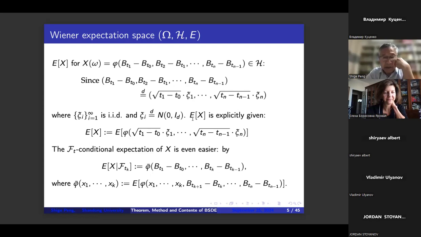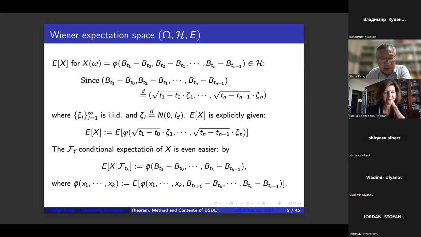In this case, of course, the value of the expectation of X is explicitly given, and we just need the calculation like this.